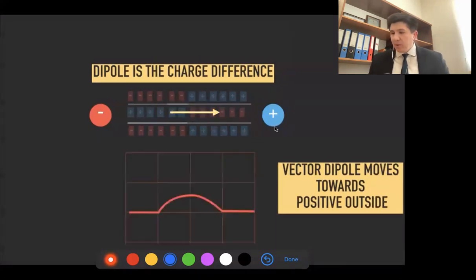Okay, so now let's look at this graph. We can trace this dipole using this kind of graph. So at rest, when all of the cells have negative charge inside and positive charge outside, you're not going to have any dipole because there is no charge difference at all.